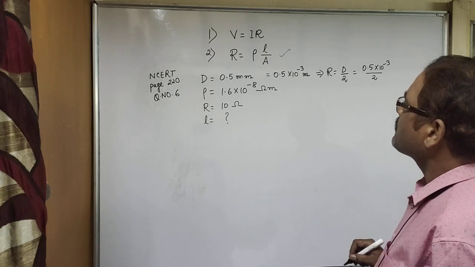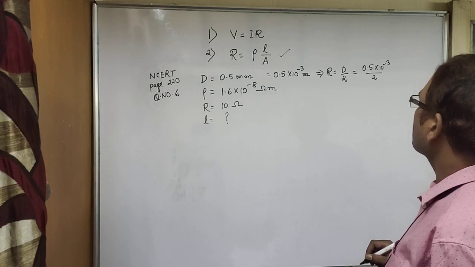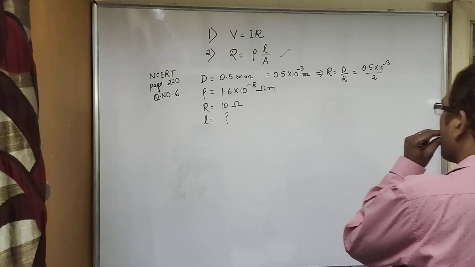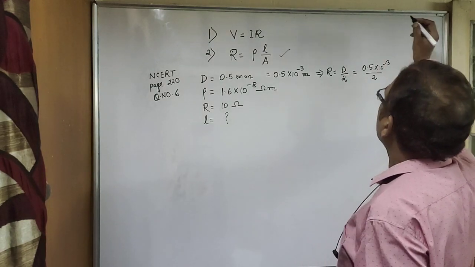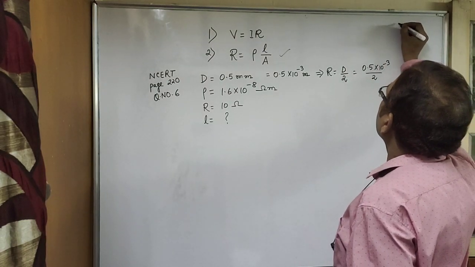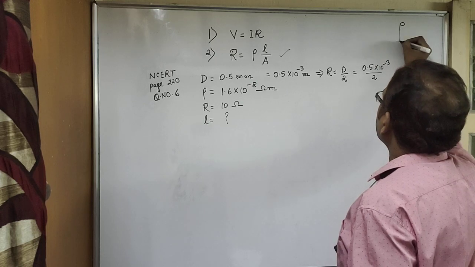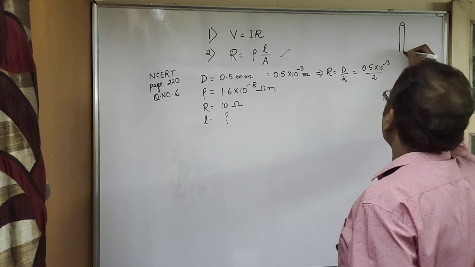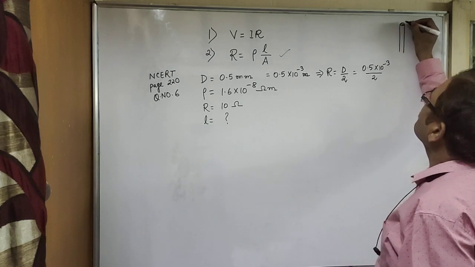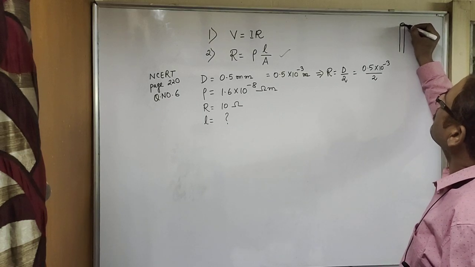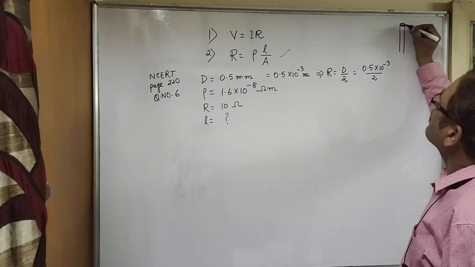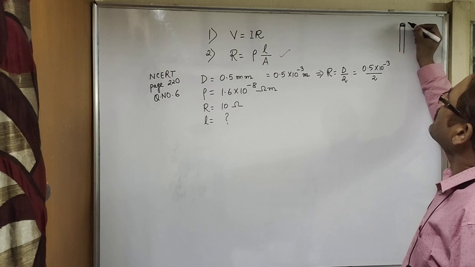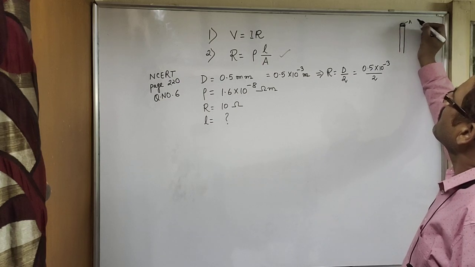Now, to calculate area of cross section, as you know, wire is like this, and this is area of cross section of the wire. As I have discussed several times, this is cross sectional area.